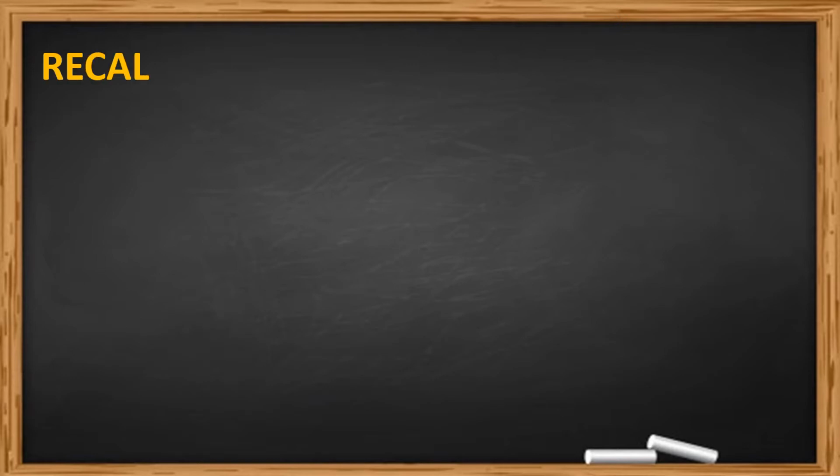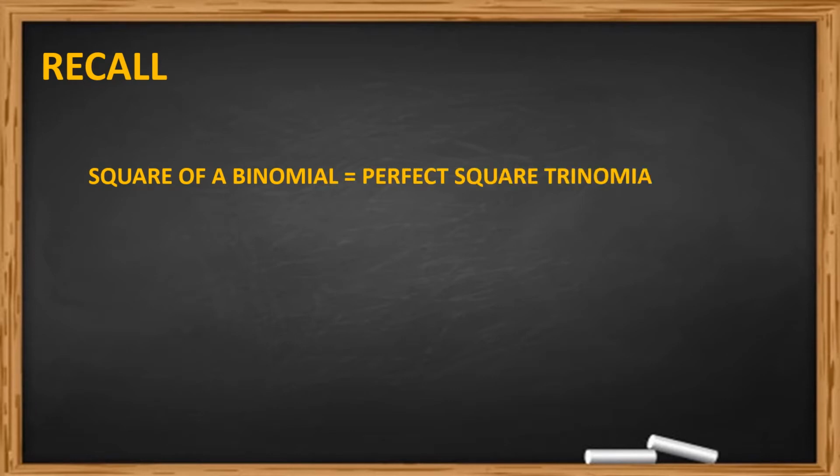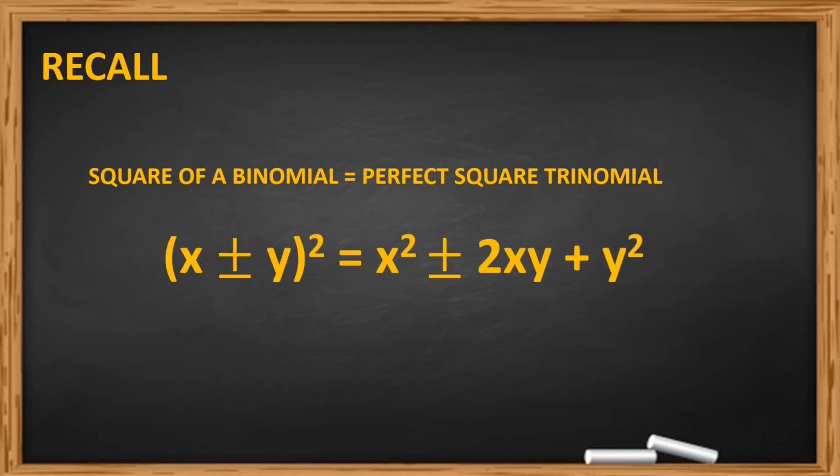But before we proceed to our lesson proper, let us recall that the square of a binomial is equal to a perfect square trinomial, where in symbols, it is (x plus or minus y) squared equals x squared plus or minus 2xy plus y squared.